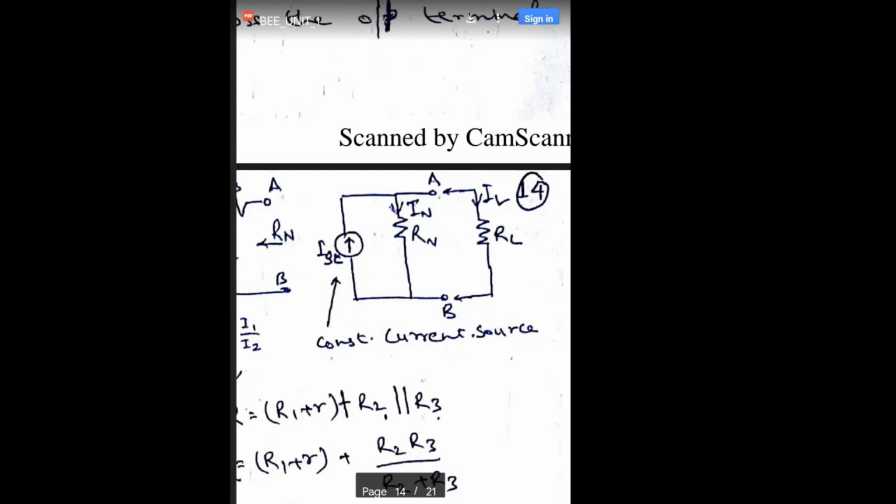Again, another dissimilarity is that the Thevenin theorem focuses on open circuit principles and the Norton theorem focuses on short circuit principles. You can see here it is written ISC, which is the short circuit current, which will act as the constant current source. Okay, so the similarities and dissimilarities are clear to you now.